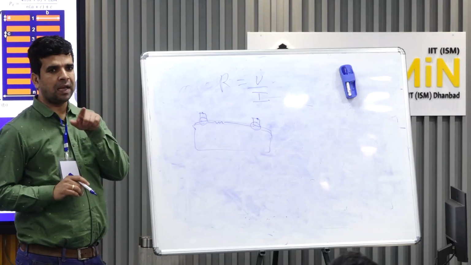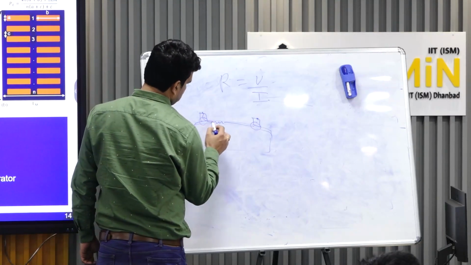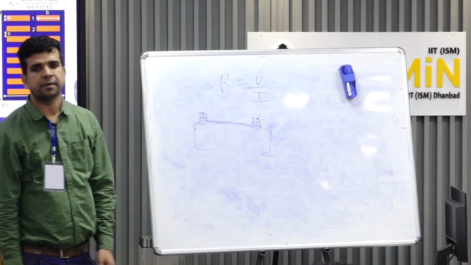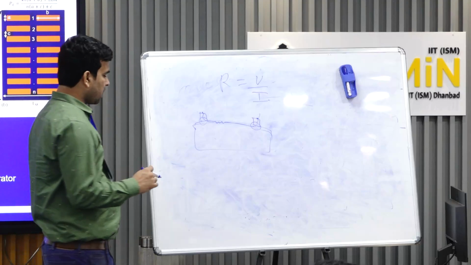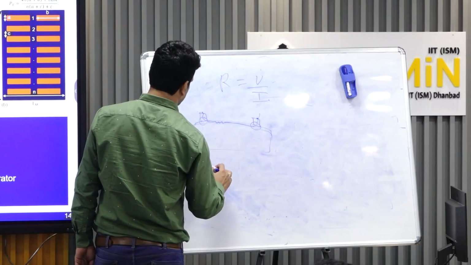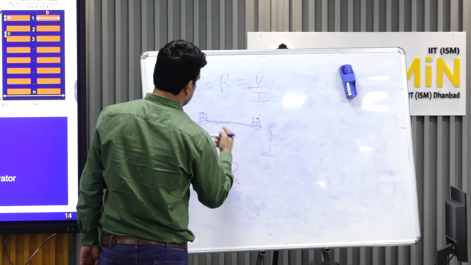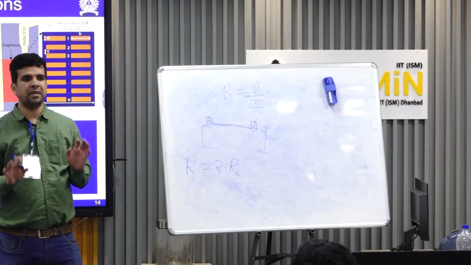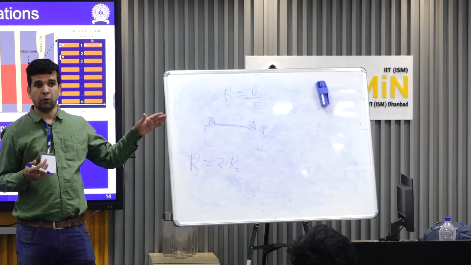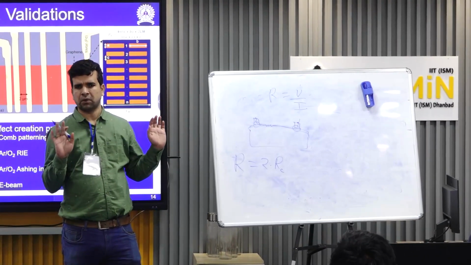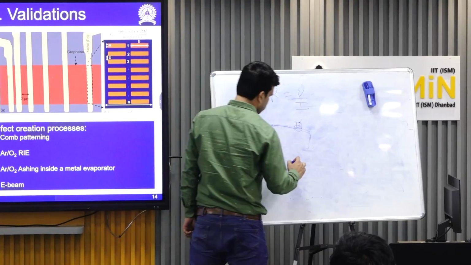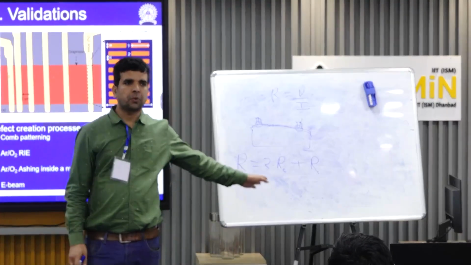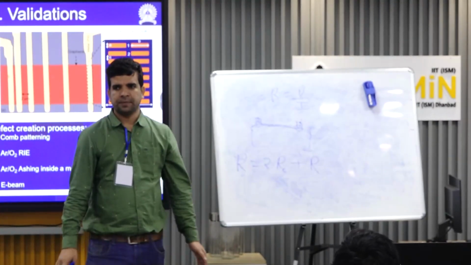So V by I gives you the total resistance, and this total resistance R will be basically 2 into RC, since there are two interfaces. For the time being we assume that both interfaces are ideal. Usually in the practical case this is not ideal, but let's assume both interfaces are almost ideal. So two contact resistances plus the channel resistance will be your total R.